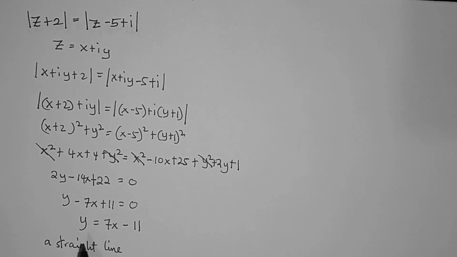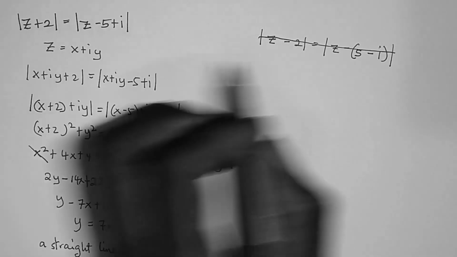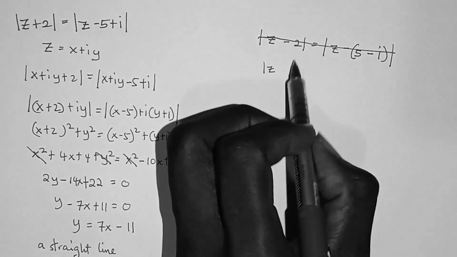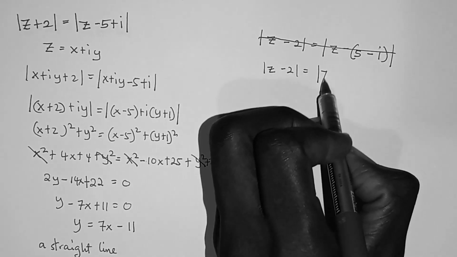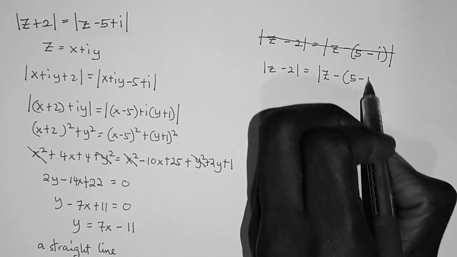Now there is an alternative to this question. So the alternative is, this can also be represented as modulus of z minus (minus 2) equals modulus of z minus (5 minus i).